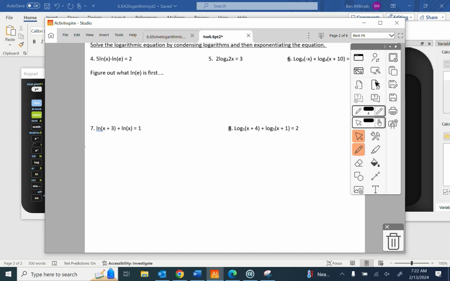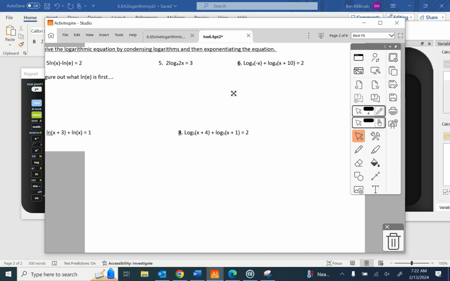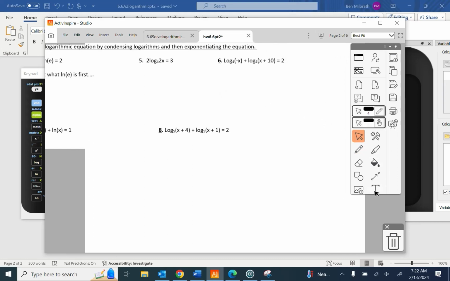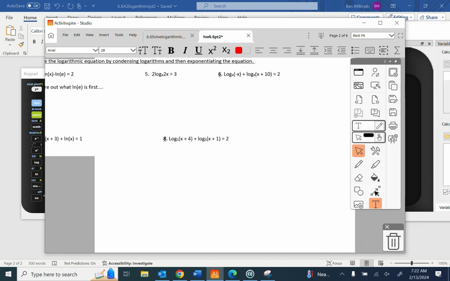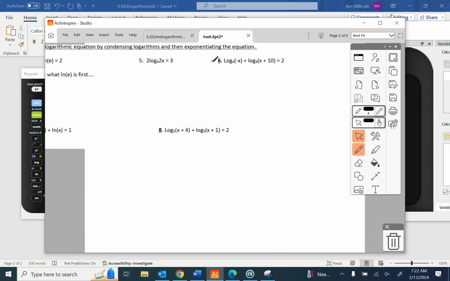Solve the logarithm equation by condensing the logarithms and then exponentiating. And the first one I have highlighted here is number 6. And we have to make it look like our property. Well, actually, we don't make it look like our property. We condense the logarithms. Now, I know that addition is condensed through multiplication.